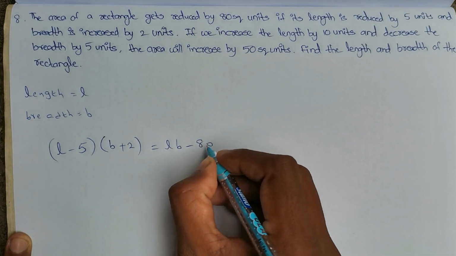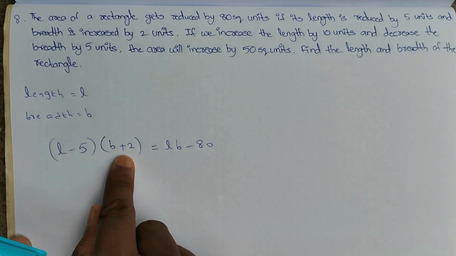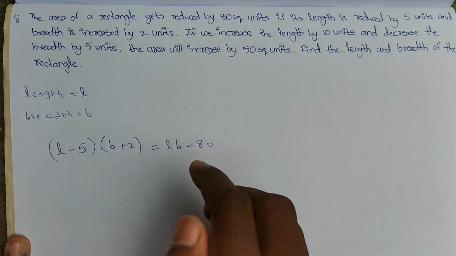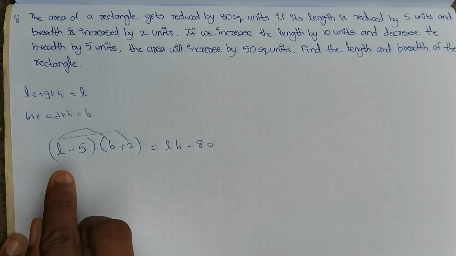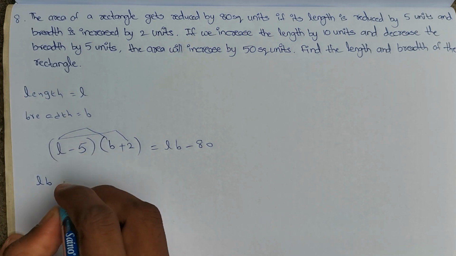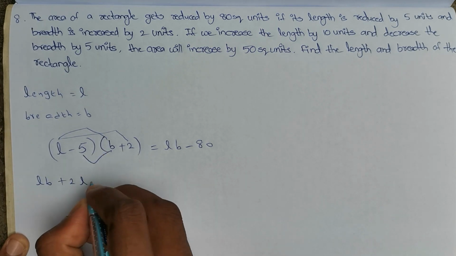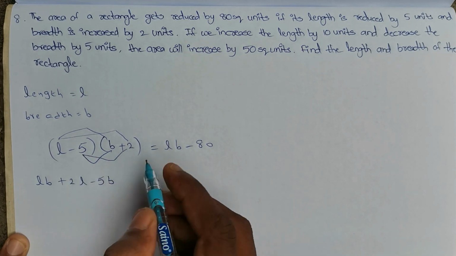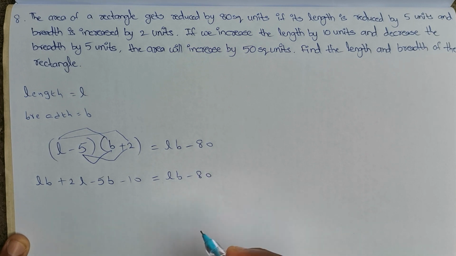If length is decreased or reduced by 5 and breadth is increased by 2, then area will be reduced by 80. Now here first one into first one, L into B, LB, L into 2, 2L. Second one into first one, minus 5 into B, minus 5B. Second one into second one, minus 5 into plus 2, minus 10 is equals to LB minus 80.